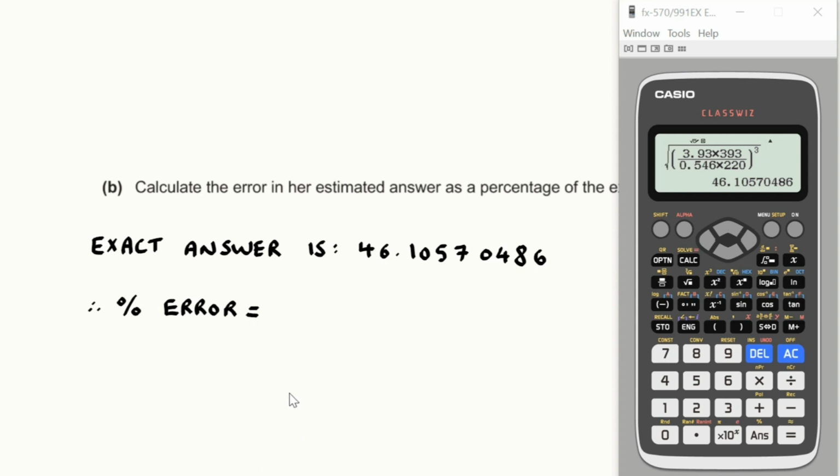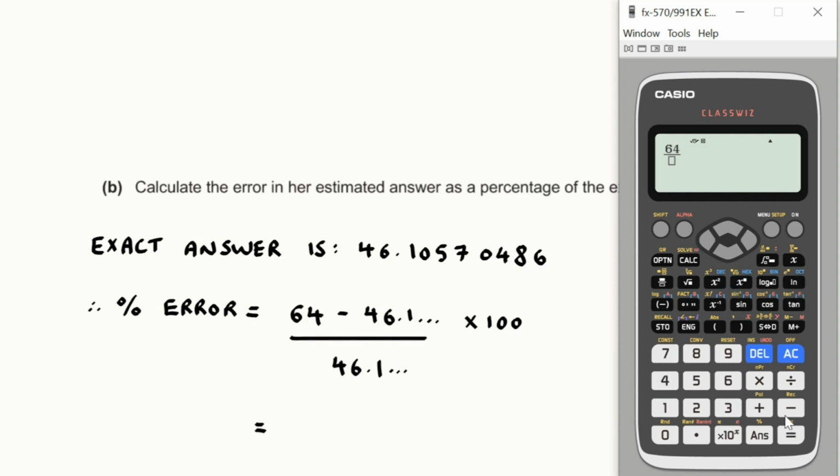So for the percentage error, we have 64 subtract 46.1 etc. divided by the 46.1 etc. multiplied by 100.